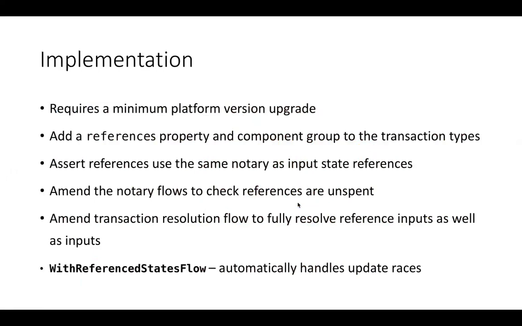Obviously, they have to check that they're current. So the notary checks to see that they haven't been spent, but it doesn't spend them when they're used in the transaction. So I was tying myself up in knots there.